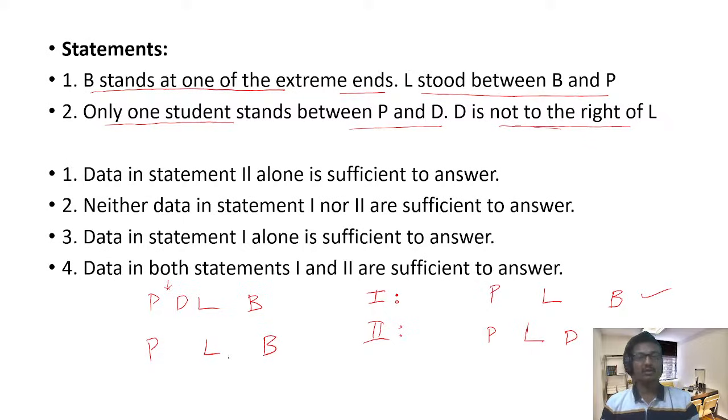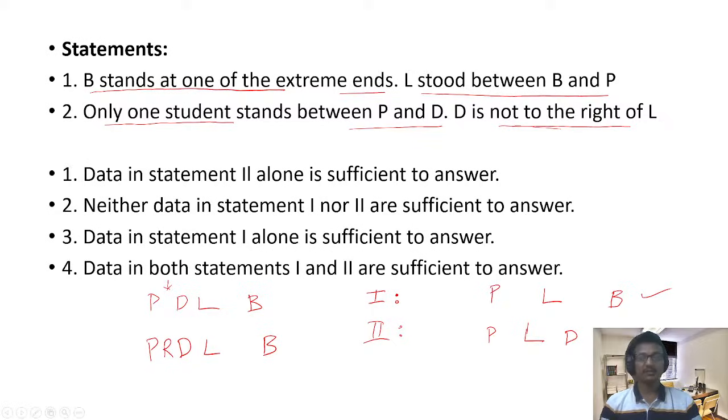D is not to the right of L. That means D is to the left of L only. And there is only one student between P and D. So obviously, who is that student?